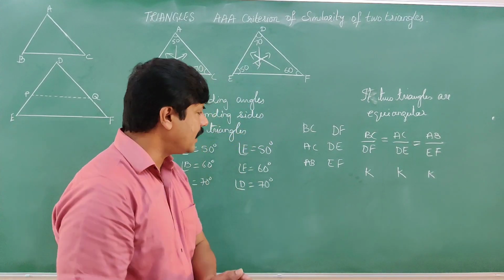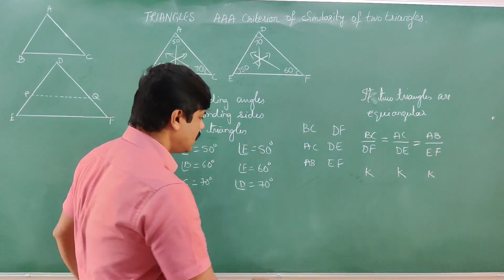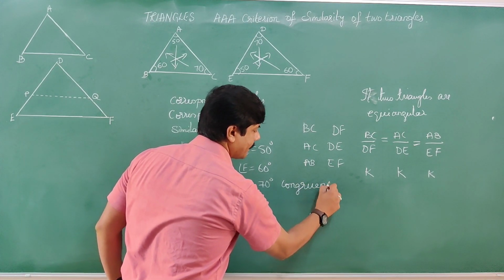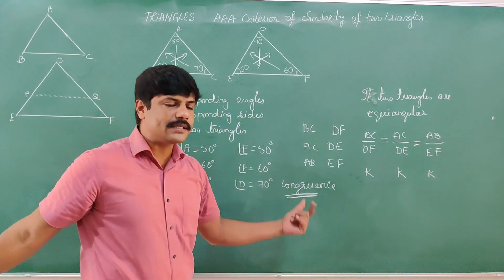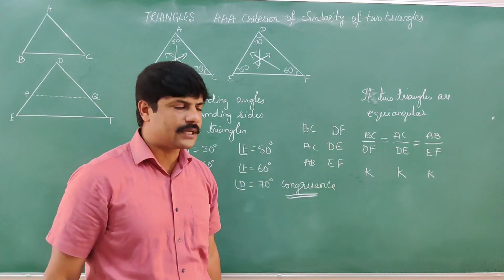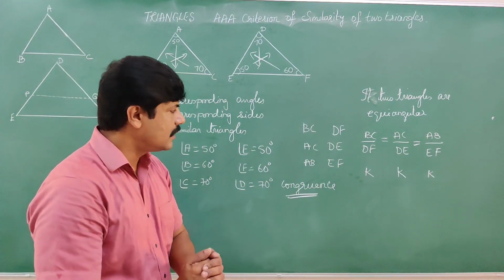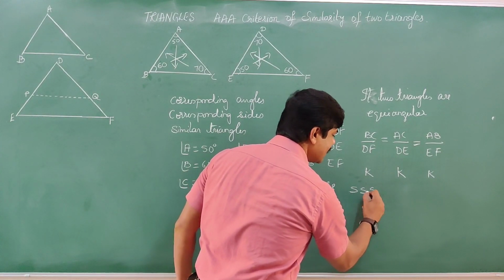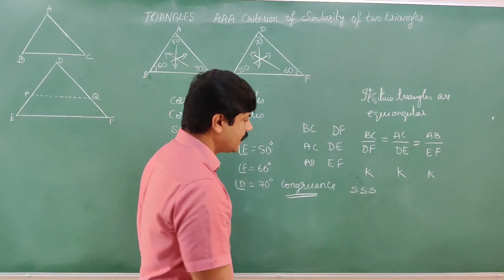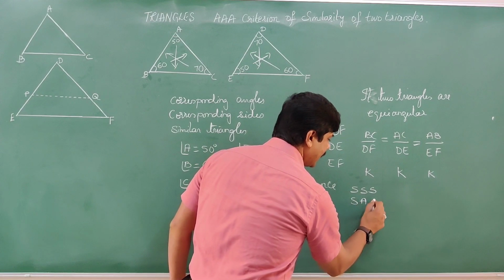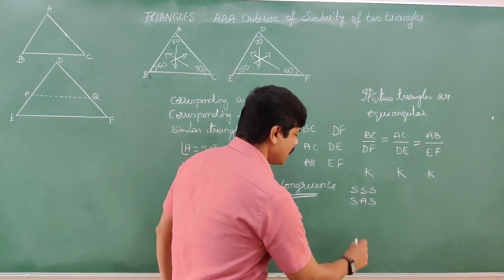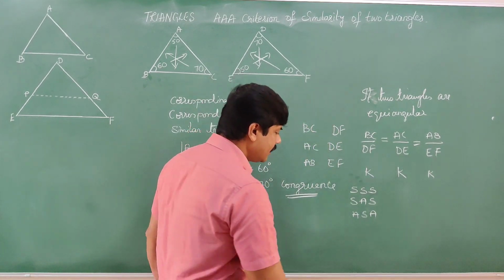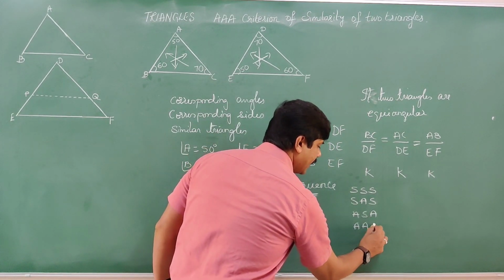One more concept is there, that is congruence. Congruency of triangles. What is this congruence? There are various postulates that prove congruence of a triangle. SSS postulate, ASA postulate, SAS postulate, and AAS.